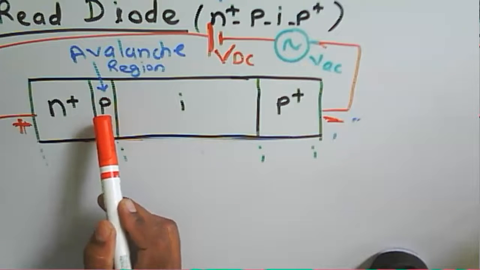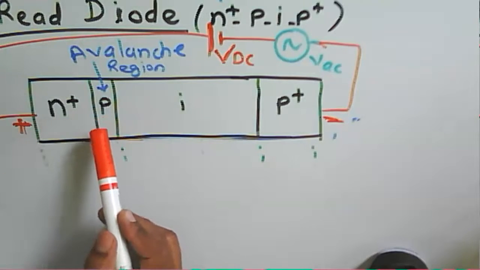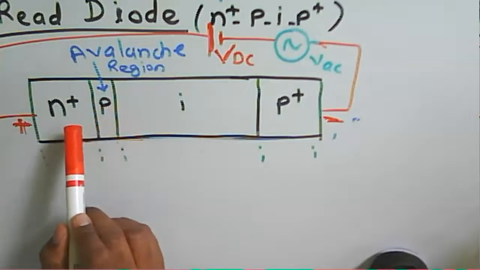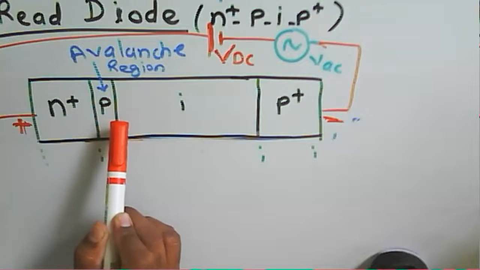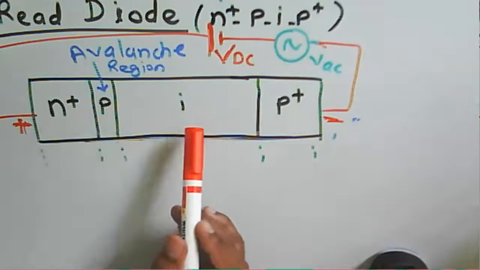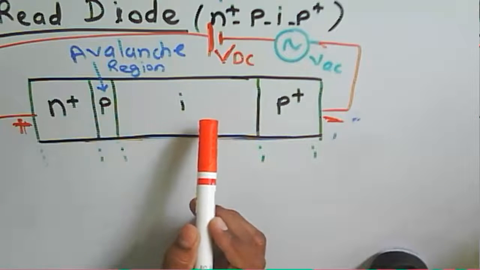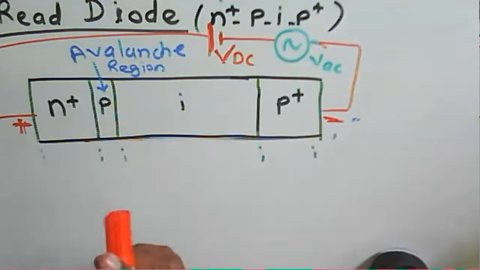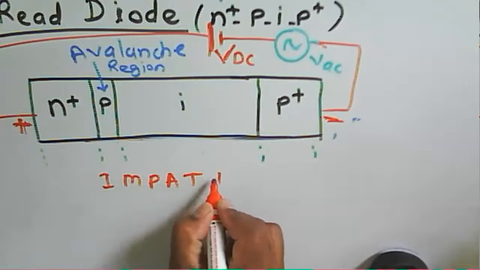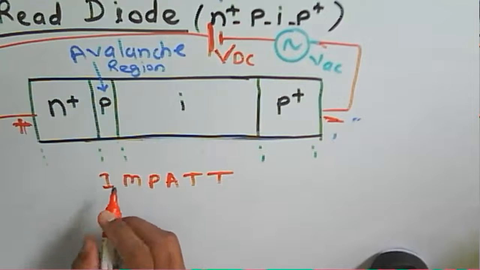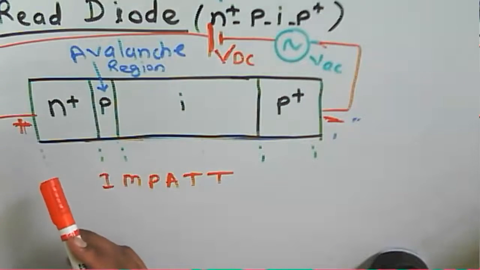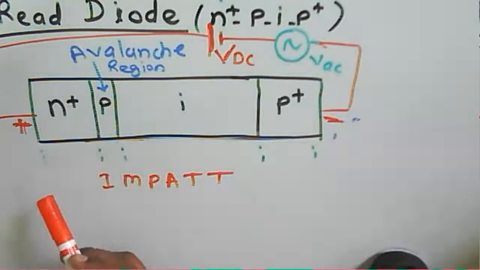So the Read diode operating mechanism is nothing but impact ionization, as well as drifting the holes through this region, that's why transit time. So impact ionization and transit time. The Read diode is a member of the IMPATT diode family. IMPATT means impact ionization and transit time, so that's why it is called an impact diode here.